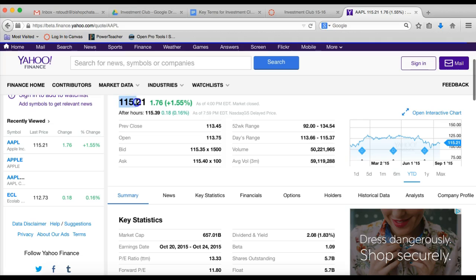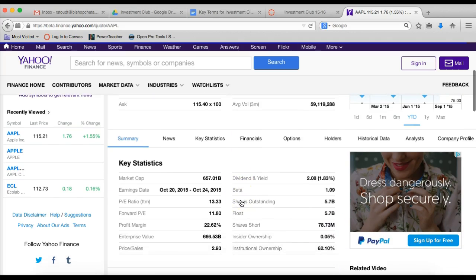The closing price of Apple was 115.21. So 5.7 billion times 115.21 gives you $657.01 billion.